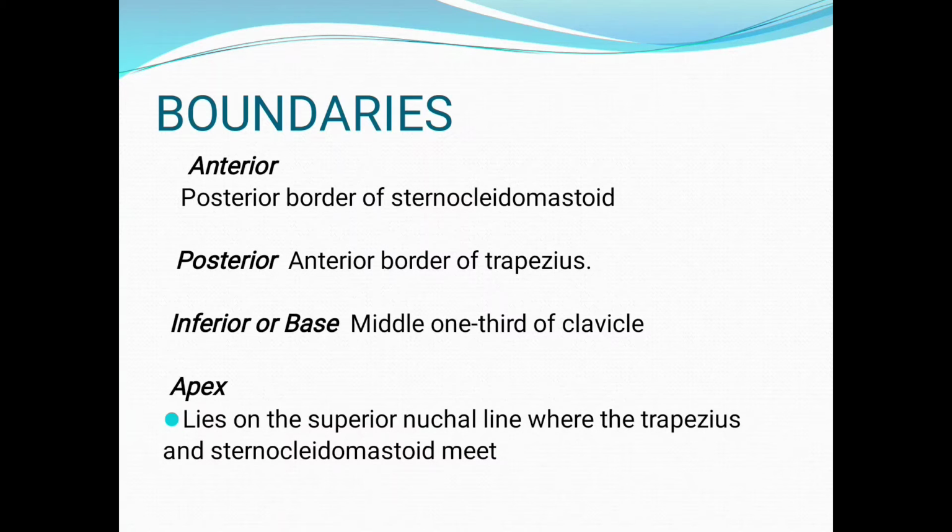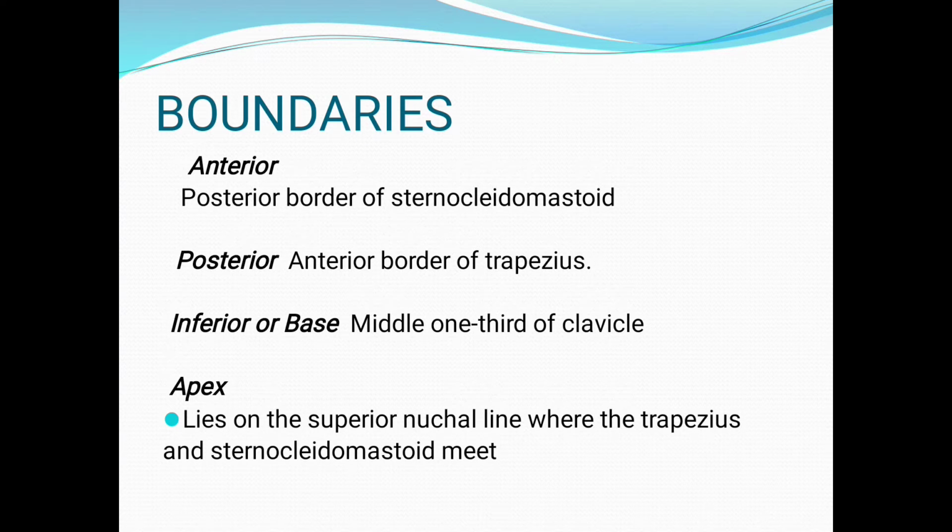The base is formed by the middle 1/3 of the clavicle. On the base we have the clavicle bone. So the middle 1/3 of the clavicle forms the base, or you can say the inferior boundary of the posterior triangle.